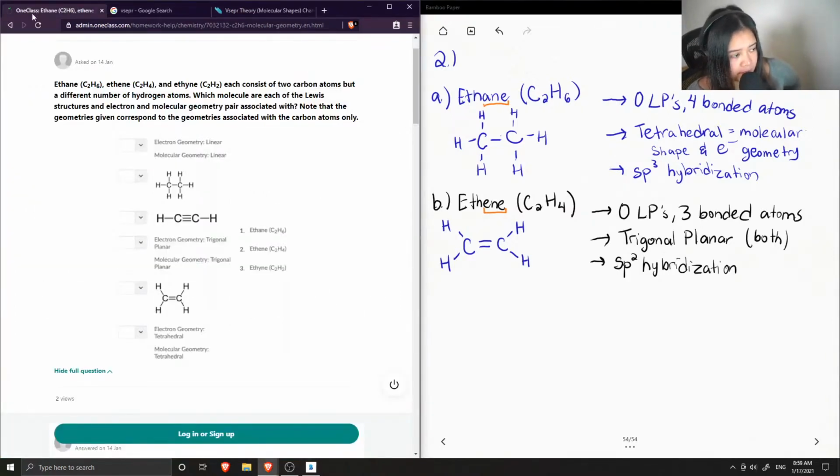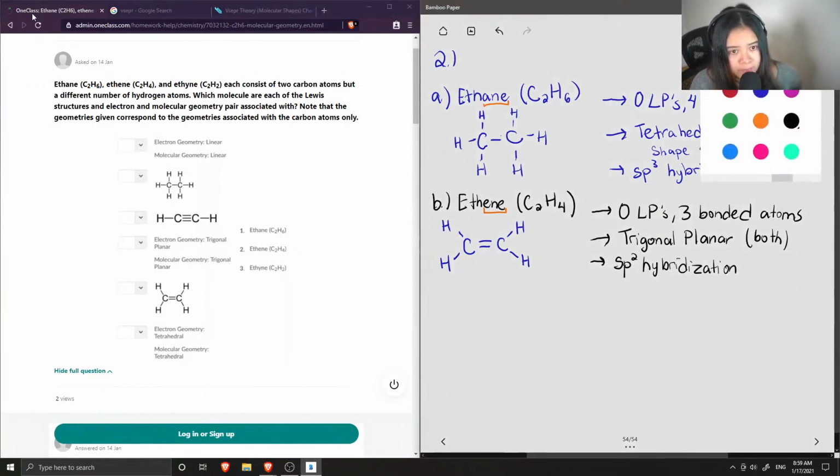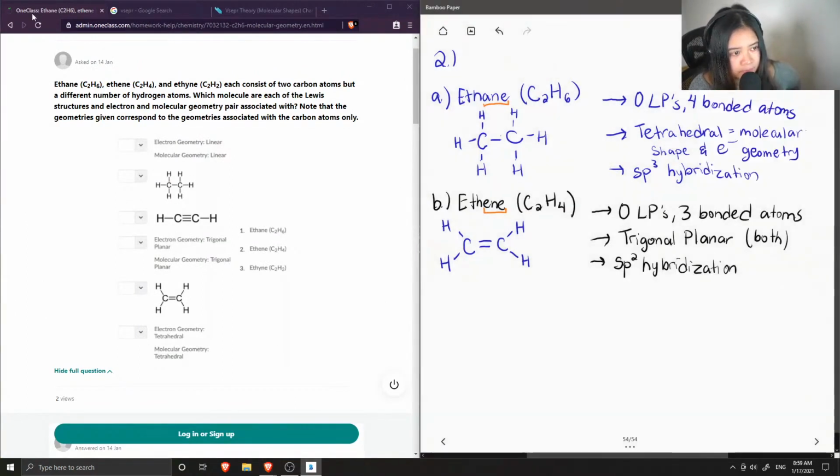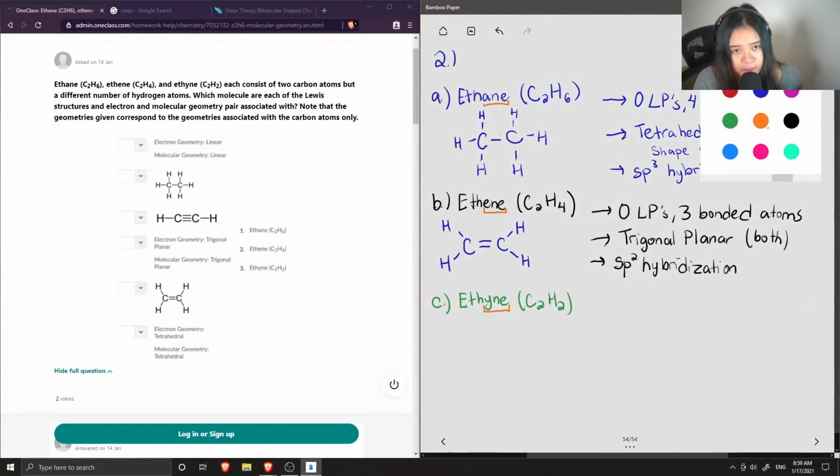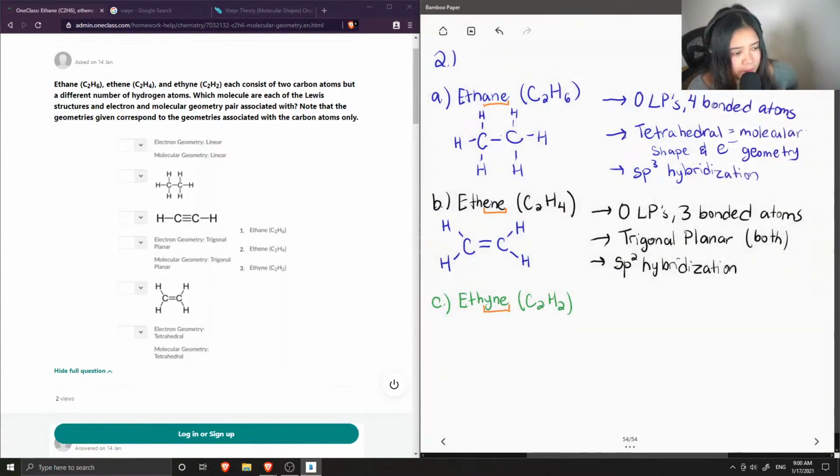Okay, so lastly we have ethyne, C2H2. This ends in -yne, so this means that there is a triple bond between our 2 carbons.